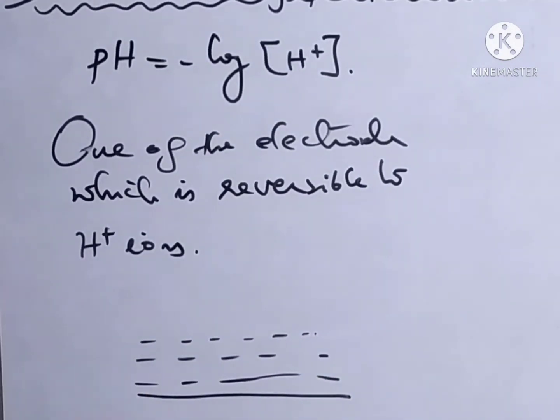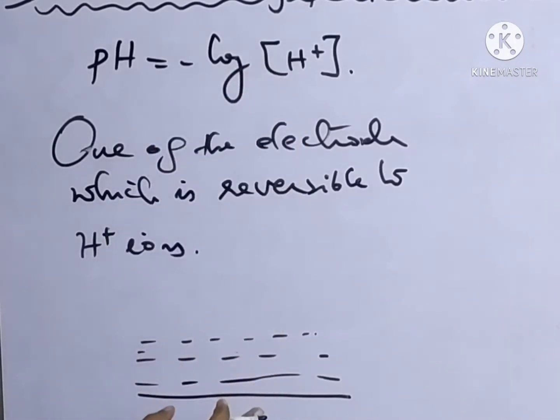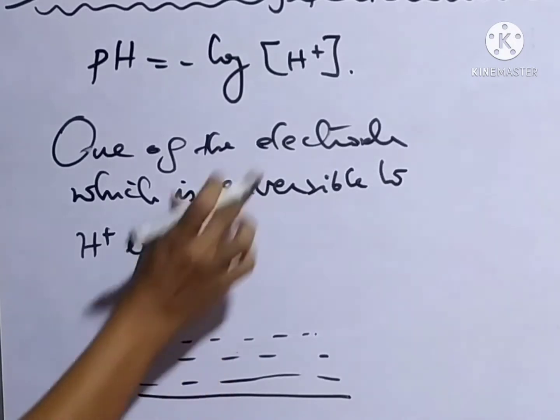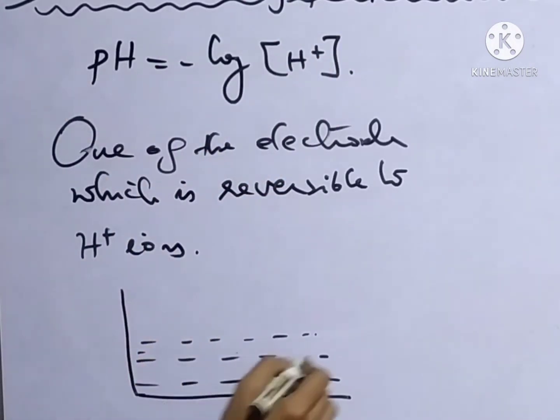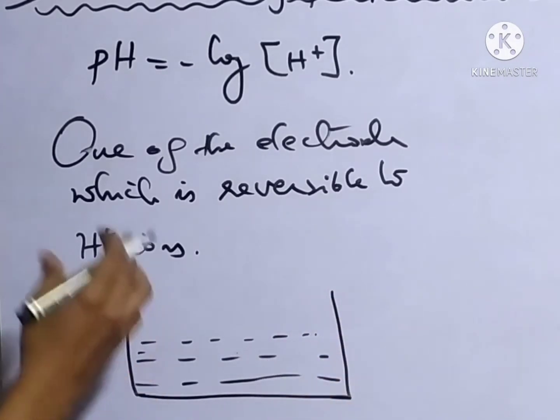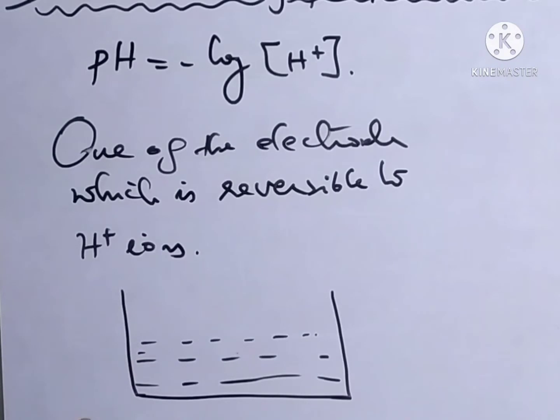To calculate the pH of this solution by using EMF, we have to take this solution, the solution of unknown pH, as the electrolyte.